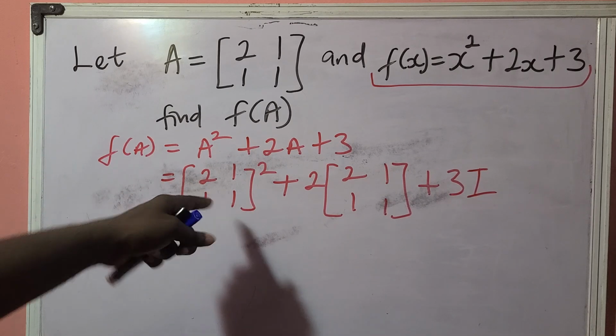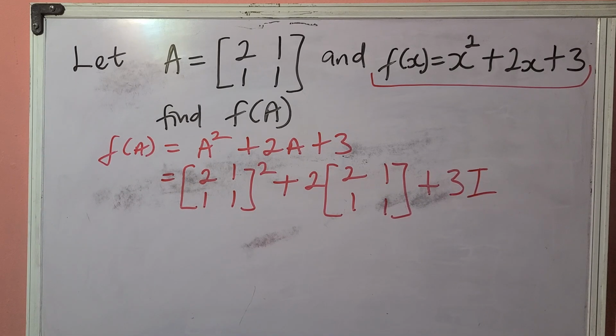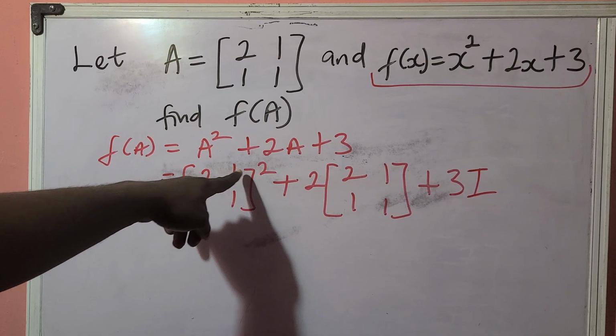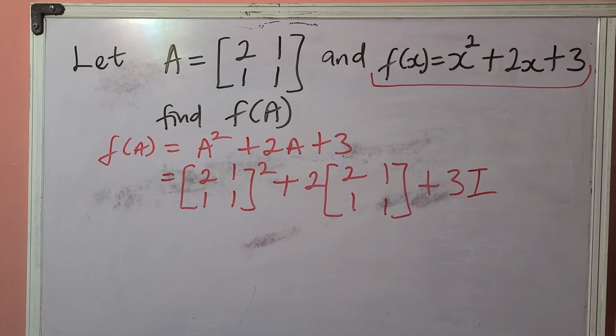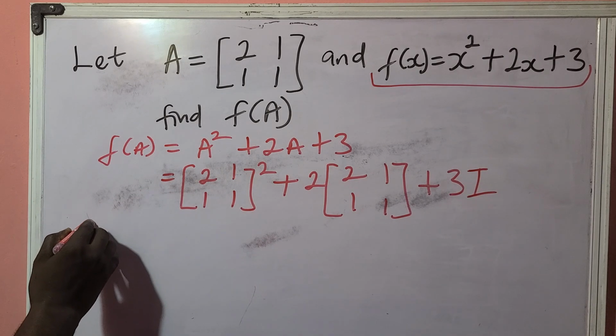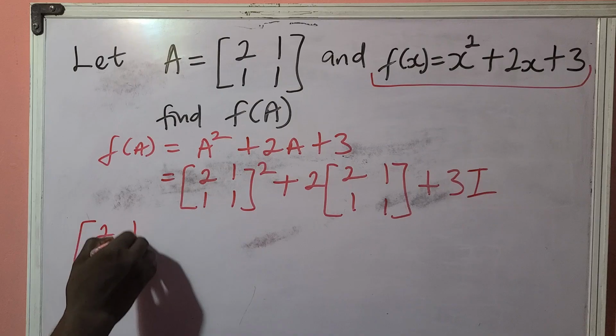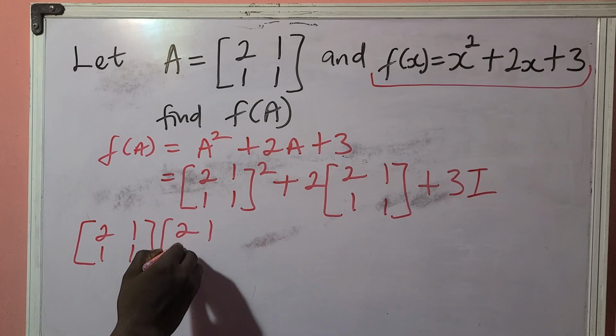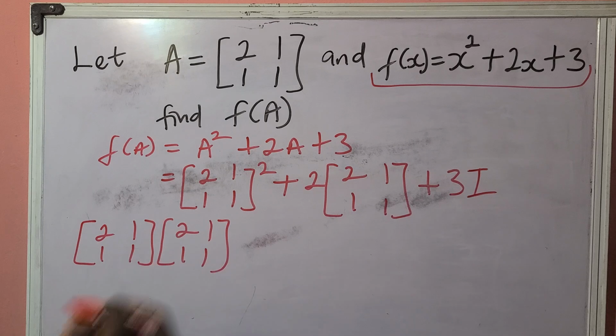All right, we can then go on to resolve this. To resolve this, let me first put it out there that you don't square a matrix by squaring each element. That will be wrong. The square of a matrix is you multiplying the matrix by the same matrix. So what we are going to do is to multiply matrix A with matrix A. That is you squaring it.